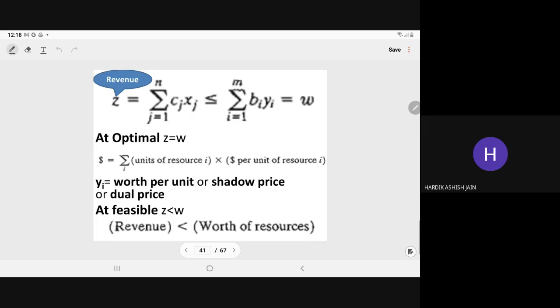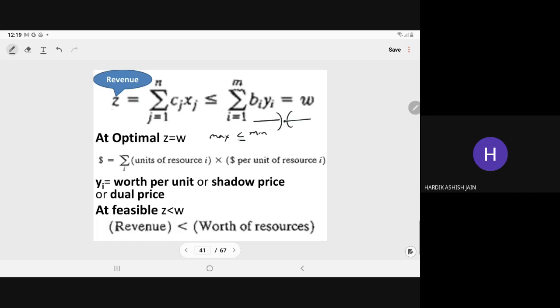You know that in general, maximization is lesser than minimization. It is independent of whether we are dealing with the primal problem or the dual problem. Maximize increases from a lower value to the highest value, and minimize decreases from a higher value to the lowest value. At the optimum they will match.